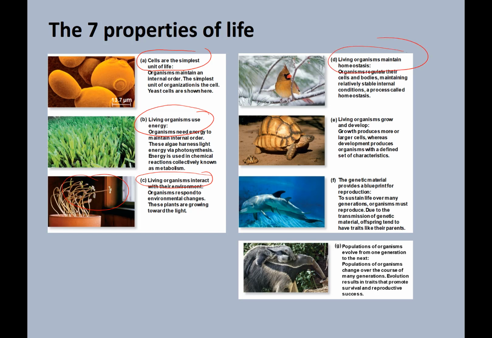Living organisms maintain homeostasis, which means living organisms, all the way to the cell level, are trying to maintain a very stable environment. Right? So when you get into cell biology, you'll learn about regulation of ion movement and electrical currents, and the movement of different molecules in and out of the cell.